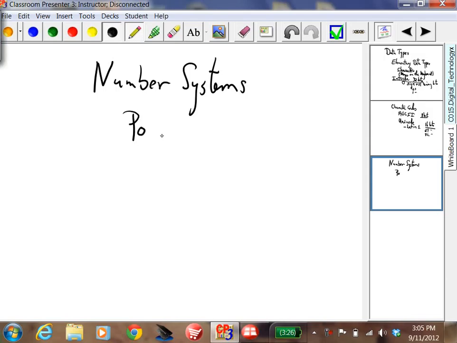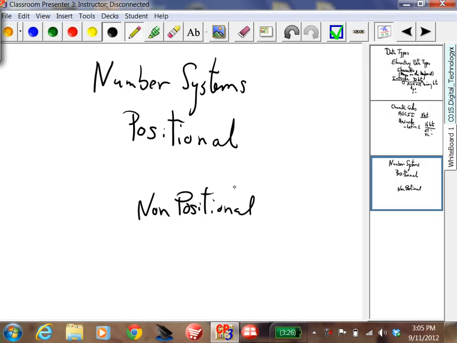What's the difference between a positional number system and a non-positional? Yeah, like Roman numerals, non-positional.